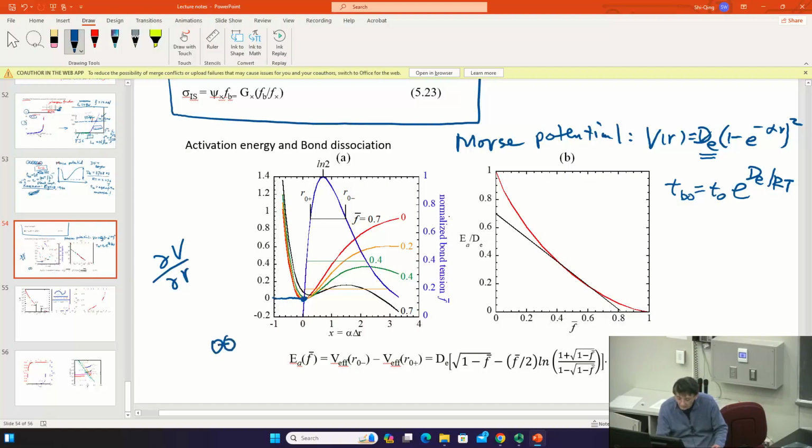Let's call that equilibrium zero, such that any extension is a positive R. Once it starts to stretch beyond the equilibrium, you will sense a force. And that force is trivially prescribed by the potential energy by differentiating it.